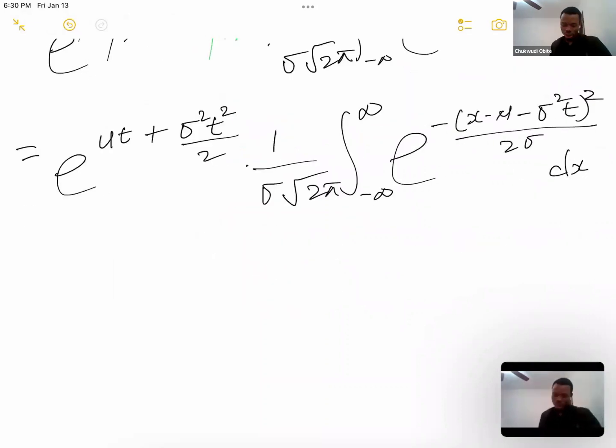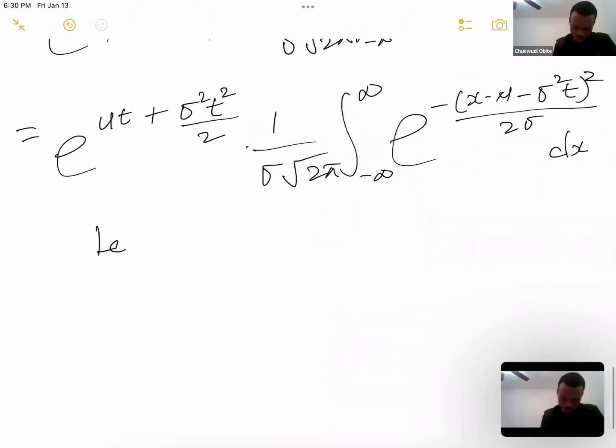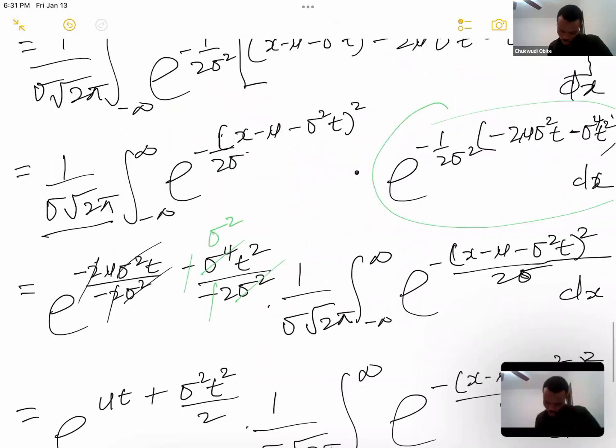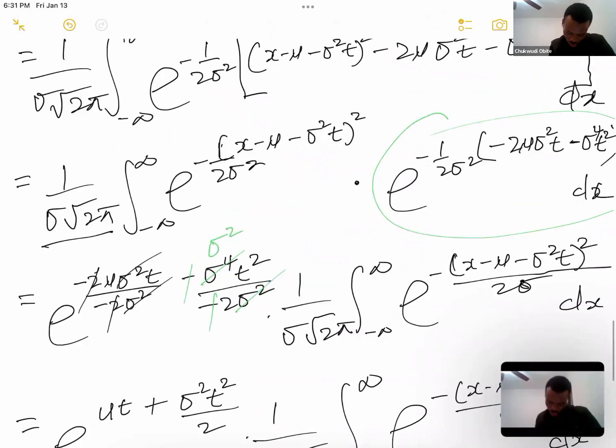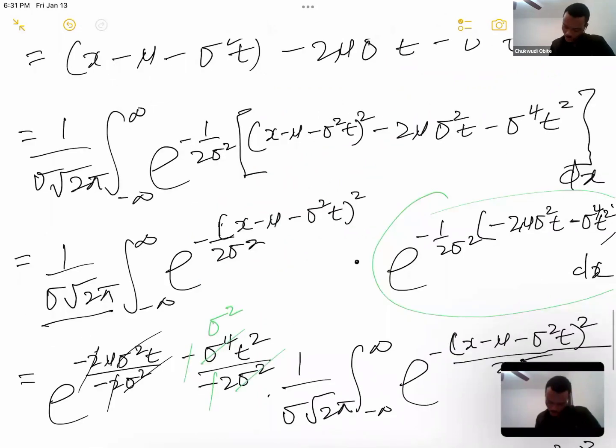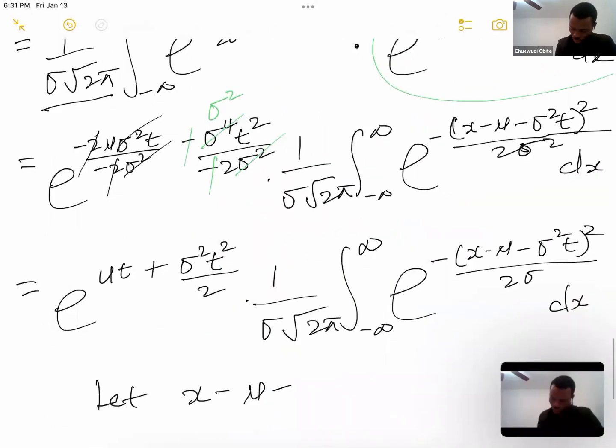To simplify this further and make it look like the standard normal distribution, I can make what I have in the bracket, which is x minus mu minus sigma squared t, so this is 2 sigma squared, sorry. It's 2 sigma squared times 2 sigma, which is from here. So this is sigma squared.